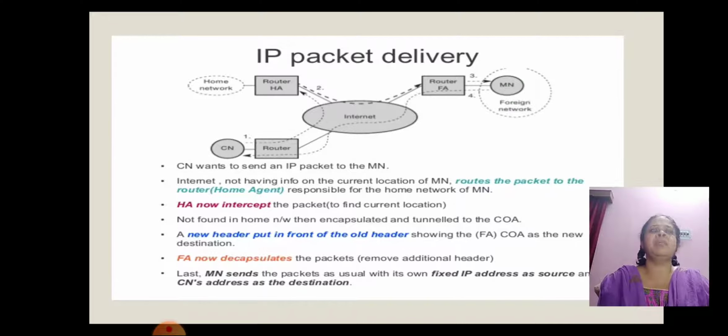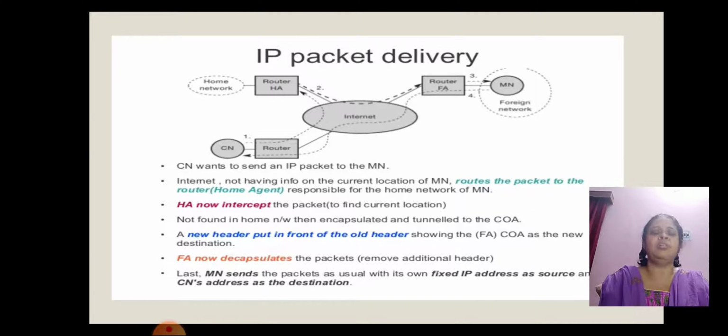The tunnel for packets towards the mobile node starts at the home agent. The home agent maintains a location registry, that is, it is informed of the mobile node's location by the care-of address. The home agent now intercepts the packet to find the current location.